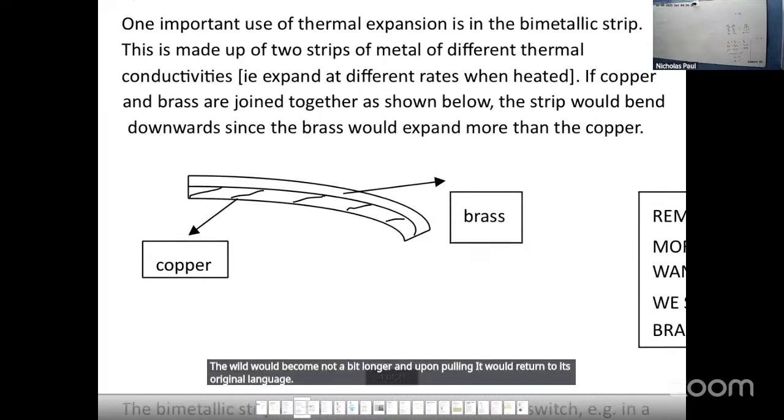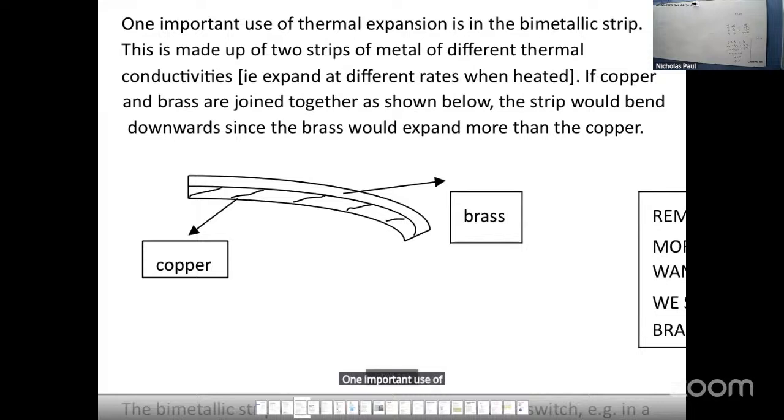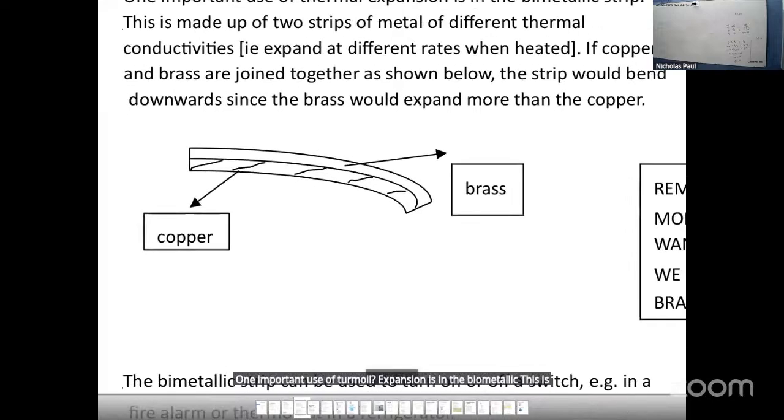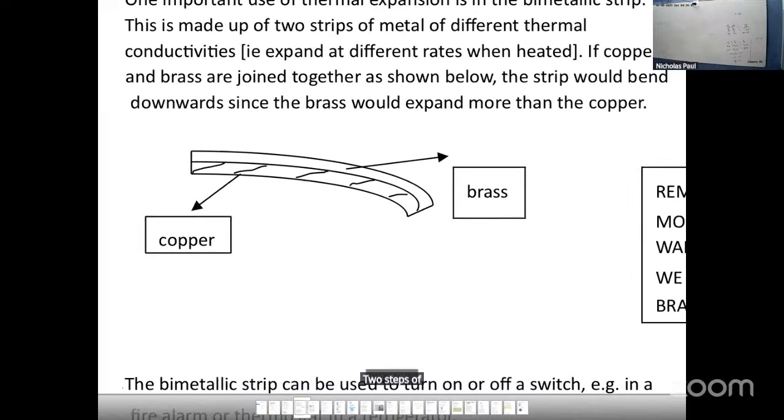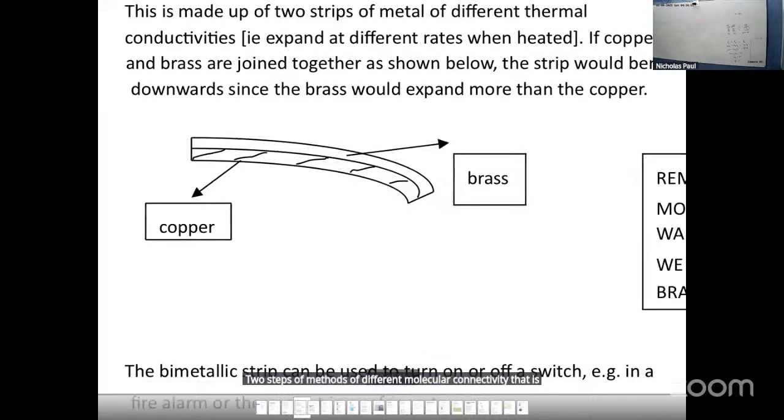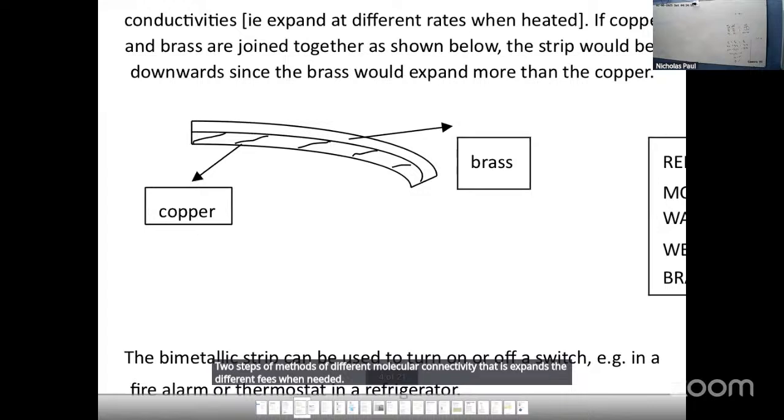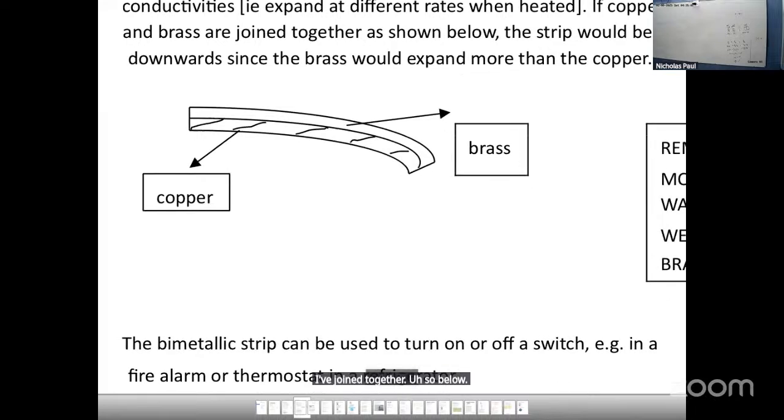One important use of thermal expansion is in the bimetallic strip. This is made up of two strips of metals of different thermal conductivities, that is, they expand at different rates when heated. If copper and brass are joined together as shown below, the strip would bend downwards since the brass would expand more than copper.